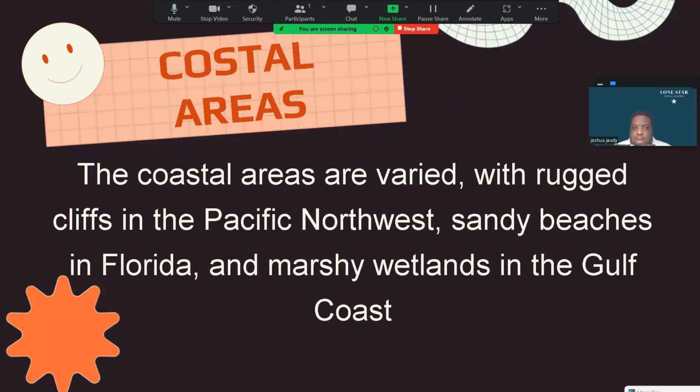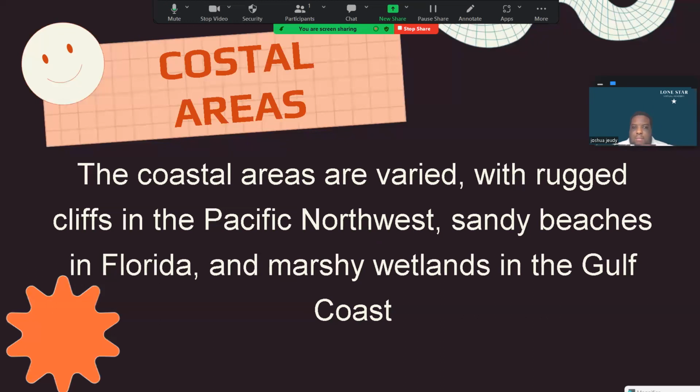We continue on with the coastal regions of the United States. Especially if we're looking at the coast and if we're looking at the plains, in America, our plains are pretty much flat regions that don't really have a lot of mountains. Further we move west, we're looking at more rugged terrain, the Rocky Mountains.